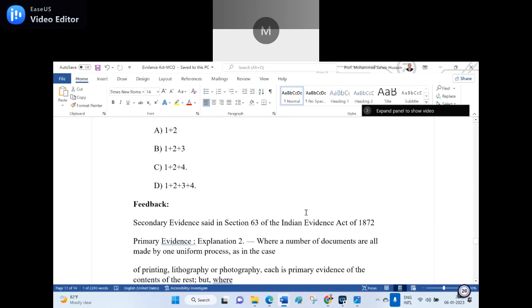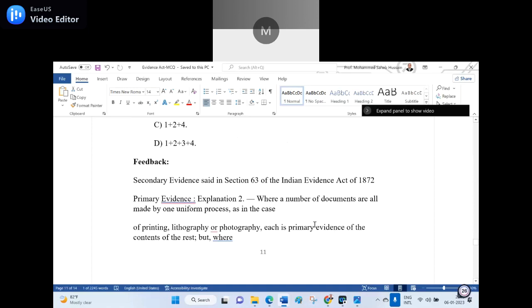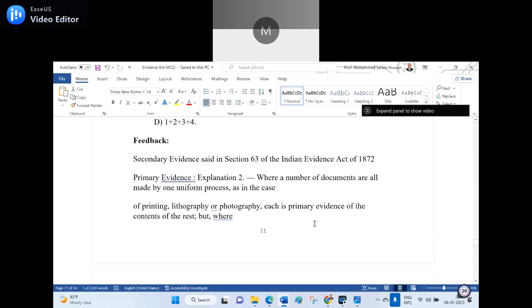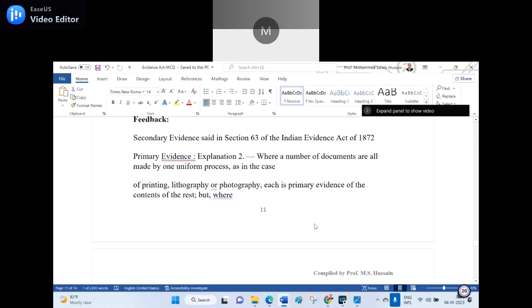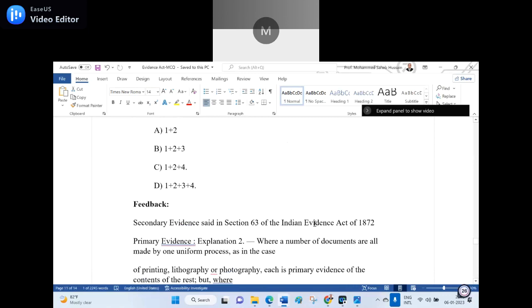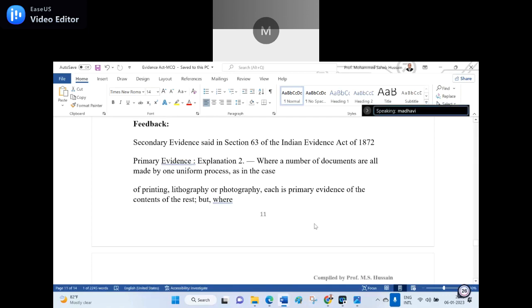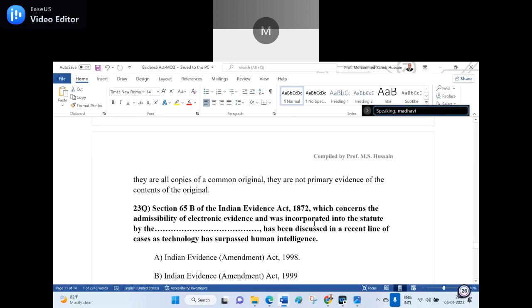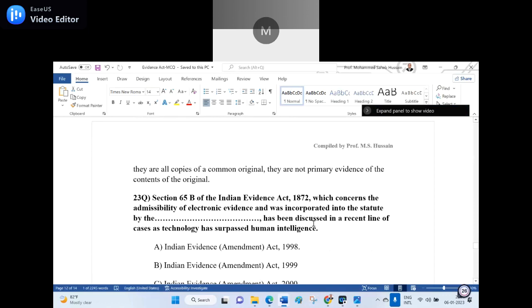In Section 63 on secondary evidence, and in Explanation 2 of primary evidence, documents made by the uniform process are primary evidence of the contents of the rest. So the answer is C, 1 plus 2 plus 4. Others are secondary evidence except 3, which is primary evidence. Is it clear? Yes, sir.